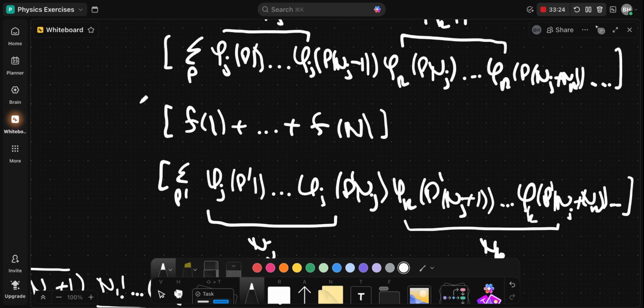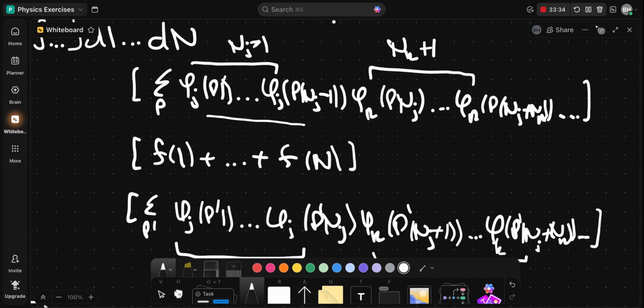So here I have permutations in which the first nj, according to this permutation, are in state j, and then the following nj minus 1 are in state j, and the following nk plus 1 coordinates fall into the states k.